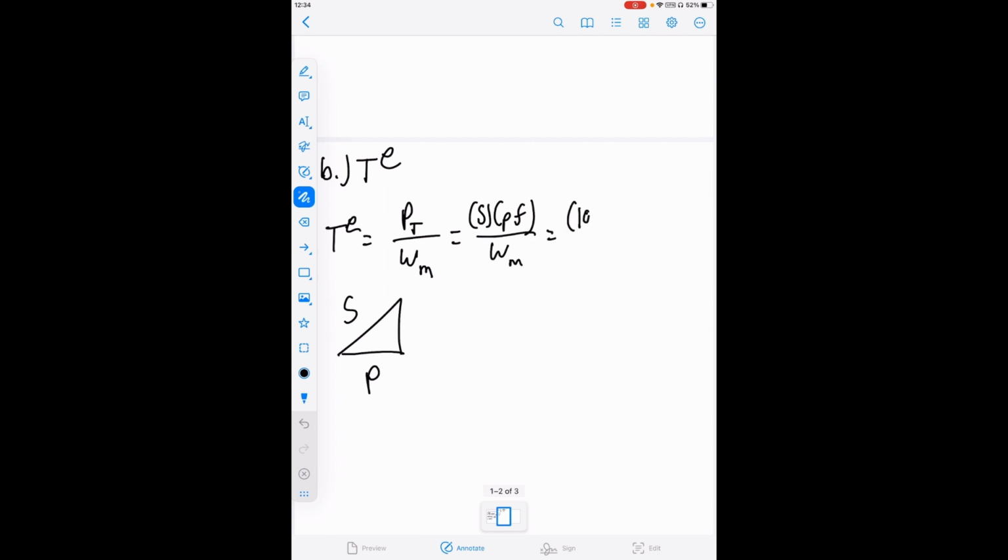So 1000 kVA times 0.8 all over 60 pi. So TE, the torque of electric origin, is going to be equal to 4244 Newton meters.